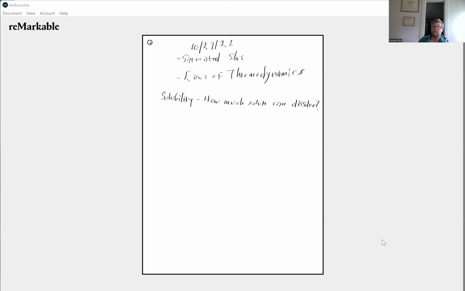Relative to solubility, there are three terms I want to talk about. Unsaturated. If it is unsaturated, you are not at the maximum solubility. You have dissolved some solute, but you can dissolve more.